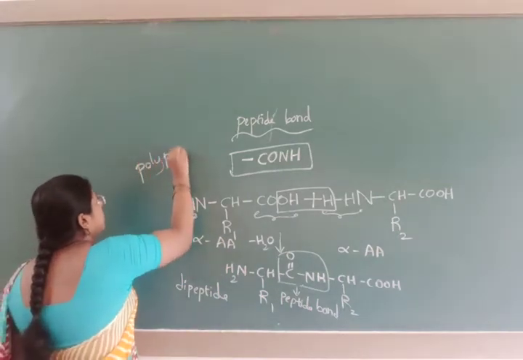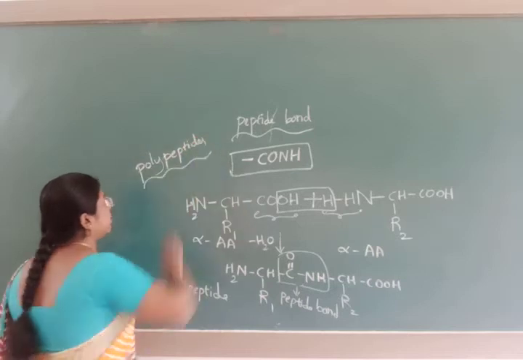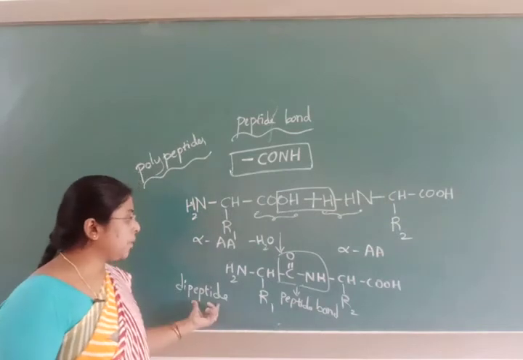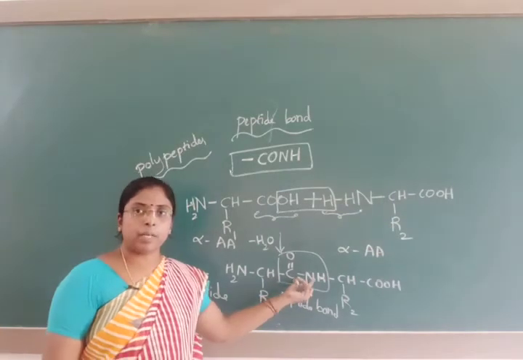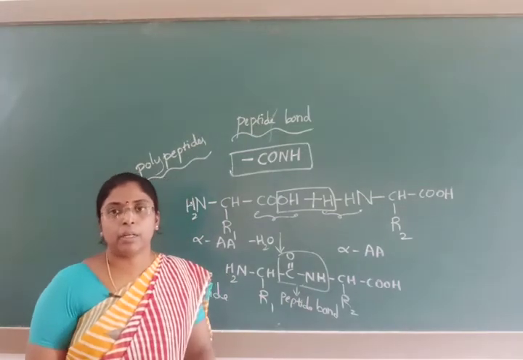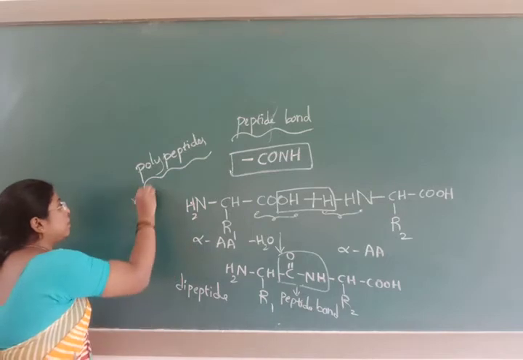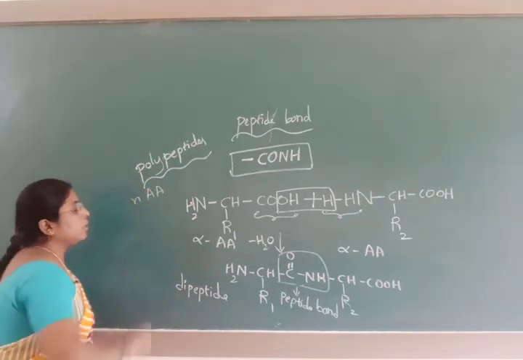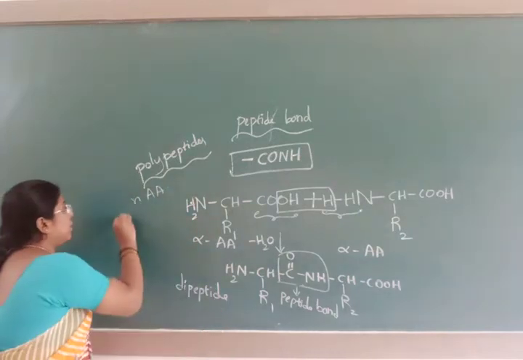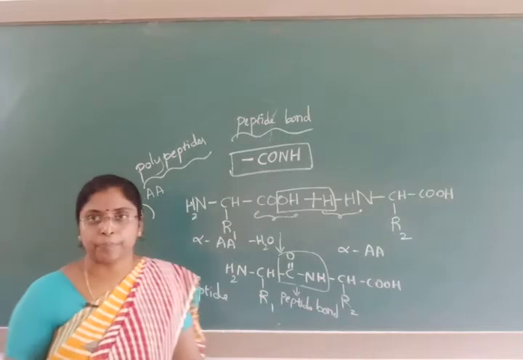Dipeptides contain only one peptide bond. Tripeptides contain two peptide bonds. Similarly, a polypeptide formed by n number of amino acids will always have n minus 1 peptide bonds.